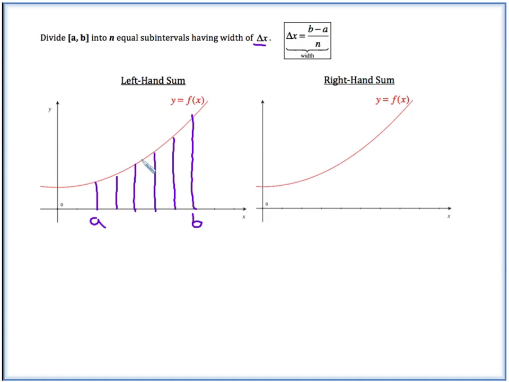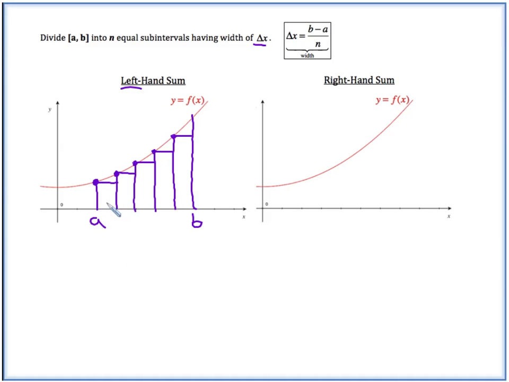And if we're talking about a left-hand sum, okay, we're going to be dealing with left endpoints. And so we're going to use all of these endpoints here on the left of the intervals to create rectangles. So you can see we have a rectangle here, here, here, here, and here.